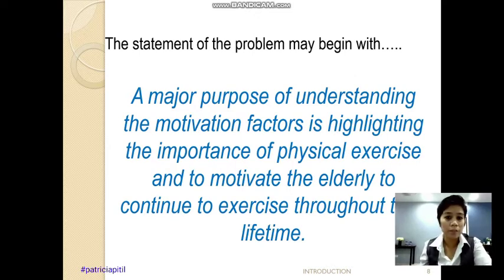If they are not motivated, we have to understand what motivates them. And we talk about the elderly because we want to start at an early age to encourage people to get into physical exercise. So then you gradually narrow it down to what's the issue, the hot topic nowadays. Hot topic in terms of the articles or academic journals that we read.